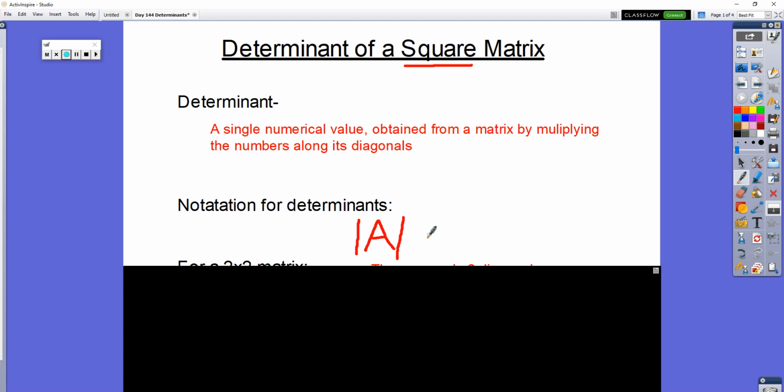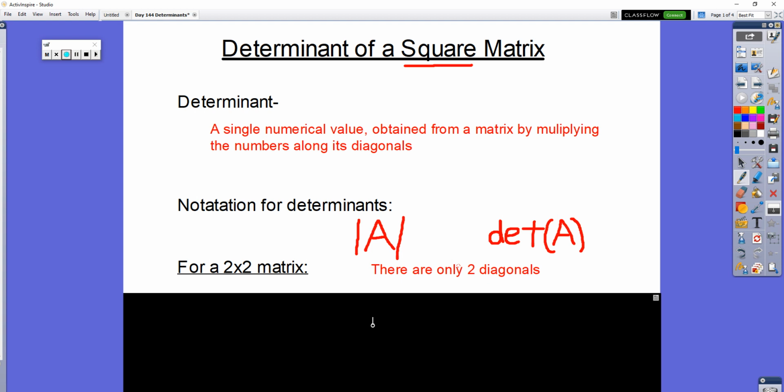That means they want you to take the determinant. That's kind of the older notation. The newer notation is that they would just say DET, which is an abbreviation for determinant, and then put the matrix that you want to take the determinant of inside of parentheses. So either one of these notations would be letting you know they expect you to find the determinant of matrix A.